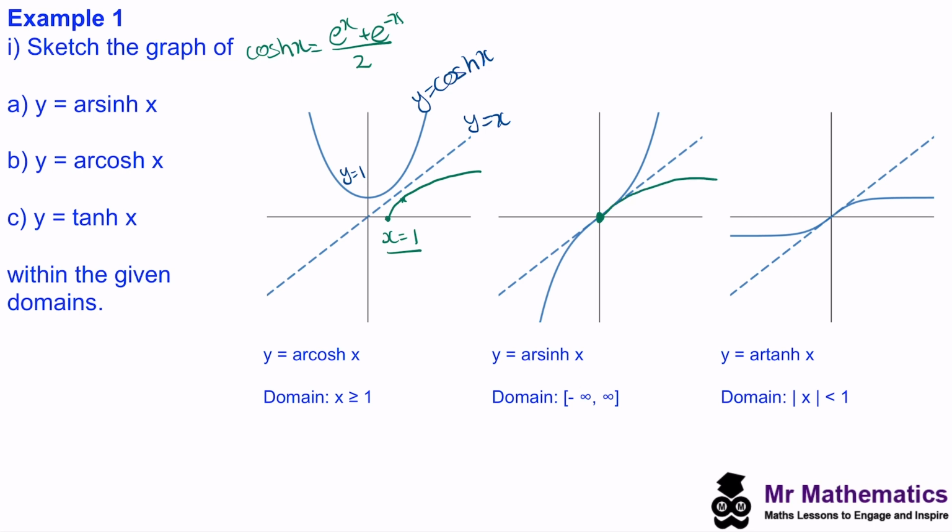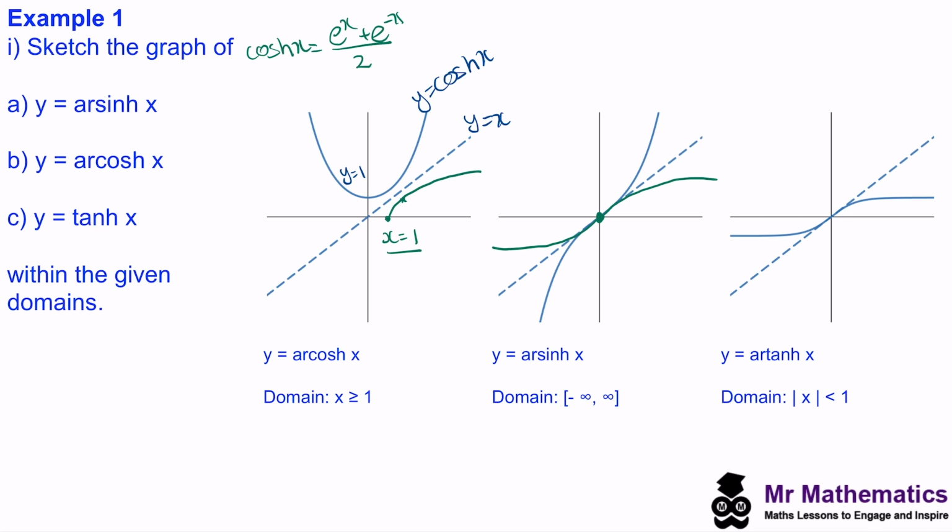So this distance is approximately the same as this distance. And the same is true when x is negative. As the magnitude of negative x increases, again we move further away from the mirror line. So again, this distance is the same as this distance. So this is the curve for the arsinh of x, from negative infinity all the way to positive infinity.